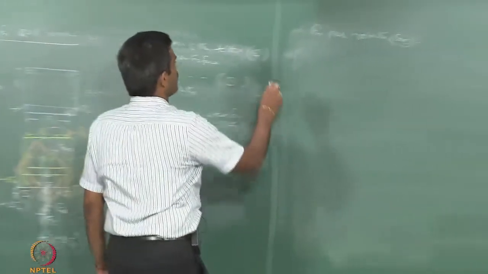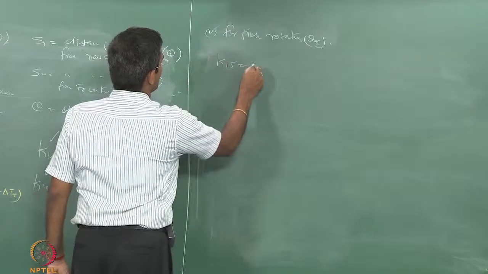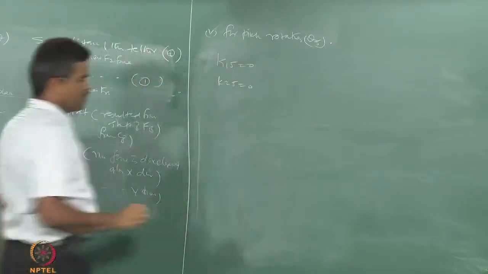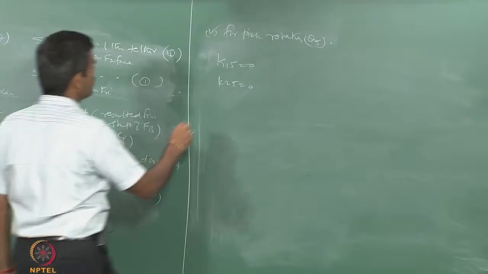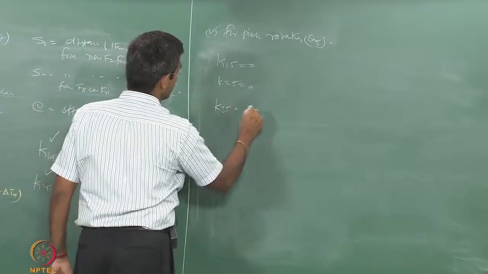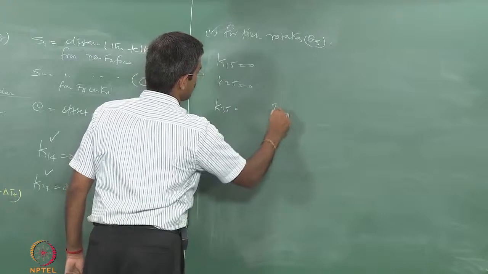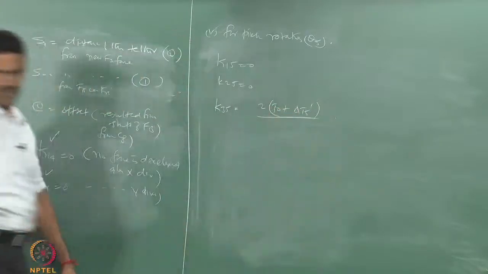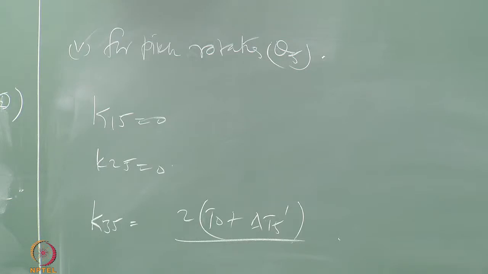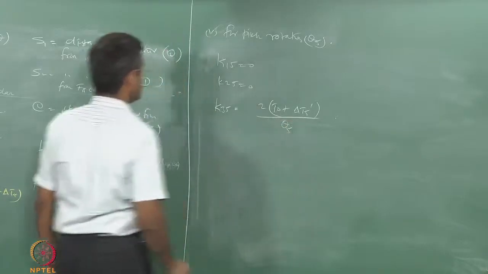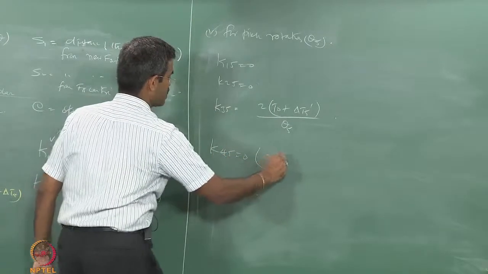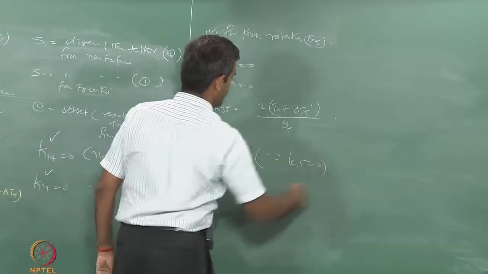So K1 phi remains 0, K2 phi remains 0, K3 phi will be T0 plus delta T phi dash twice of phi. K4 phi will remain 0 because K1 phi is 0.